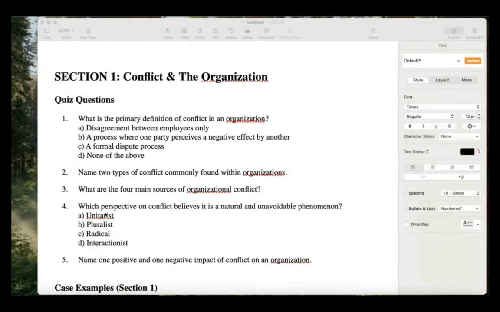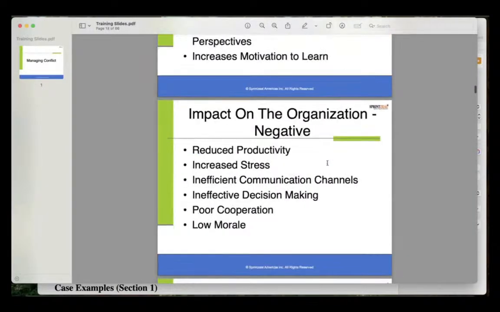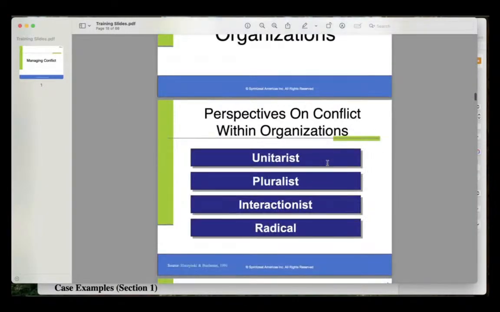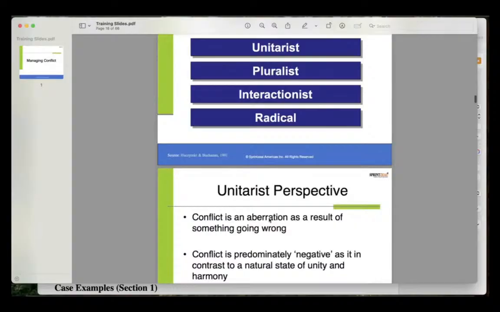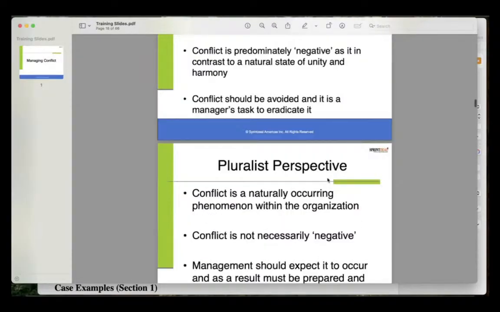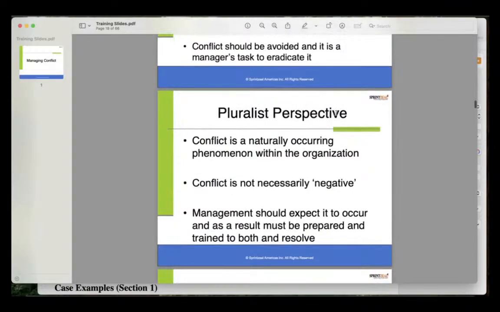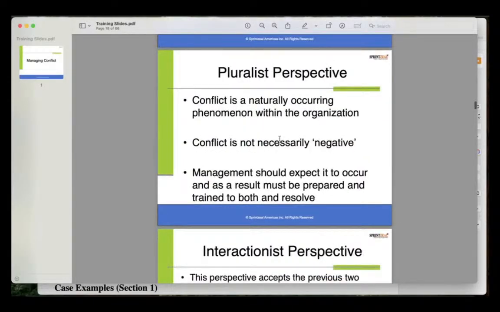Again, I'll read the question. Which perspective on conflict believes it is a natural and unavoidable phenomena? Okay, let's see now if you are correct or not. These are the four types of perspective we studied. You said either pluralist or interactionist. Since we have eliminated the other two, I will just go through the pluralist. What you can see here, conflict is a naturally occurring phenomena within the organization.